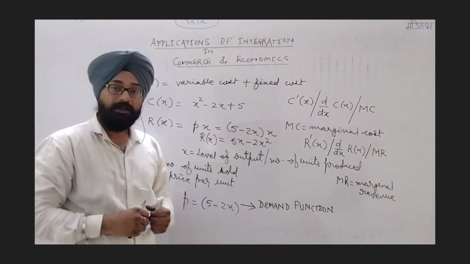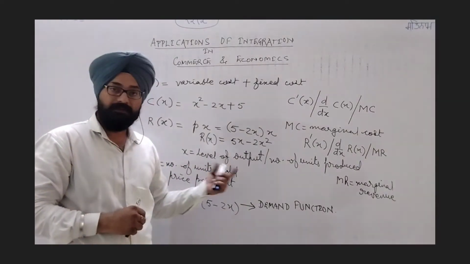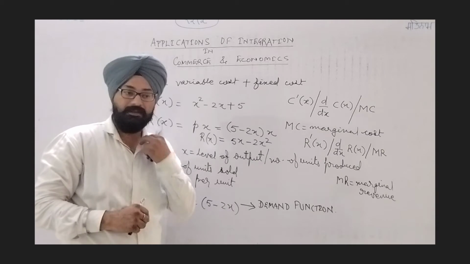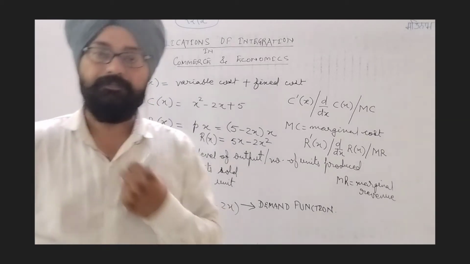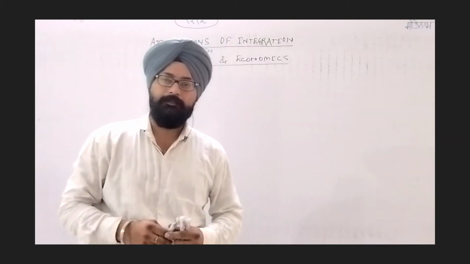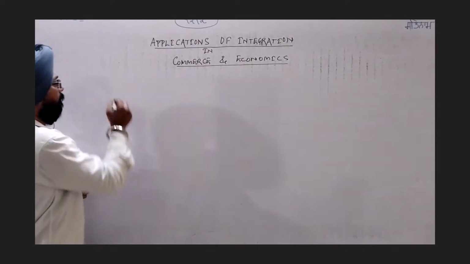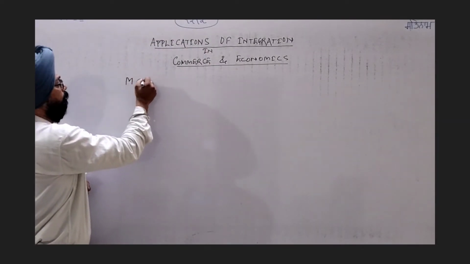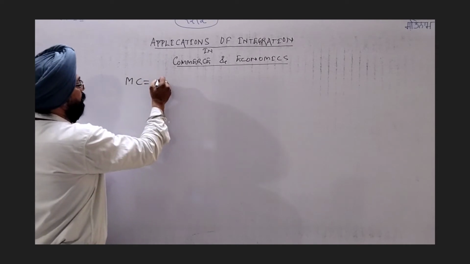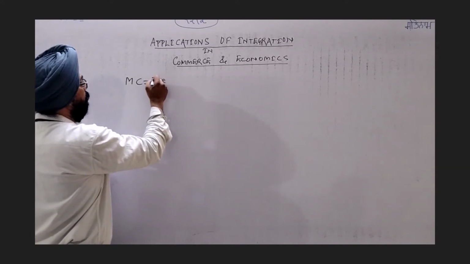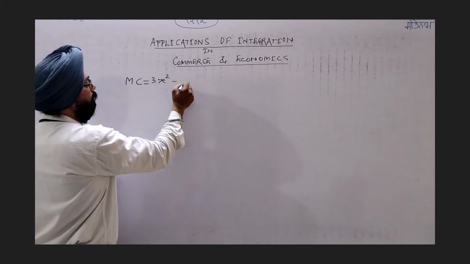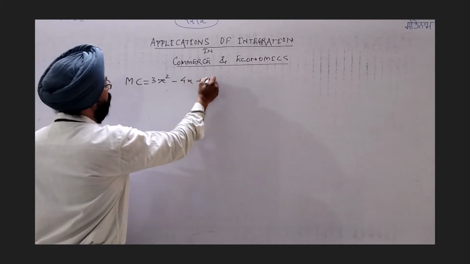Now let's see what is the use of integration for these terms. Let's consider in some question we are provided with marginal cost, obviously a function in terms of x. It's 3x square minus 4x plus 1.